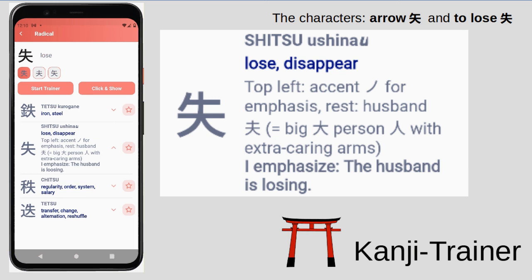So the character for big has a horizontal line, which are widespread arms, and at the husband this line is double, so this means extra caring arms. And in combination with the accent we come to the memory phrase, I emphasize the husband is losing. So the combination of the emphasis and the husband is leading us to the meaning of to lose.